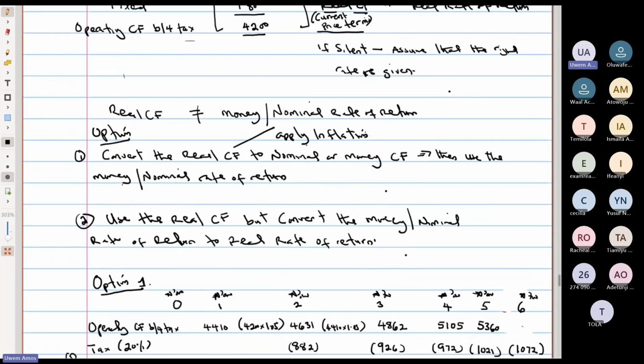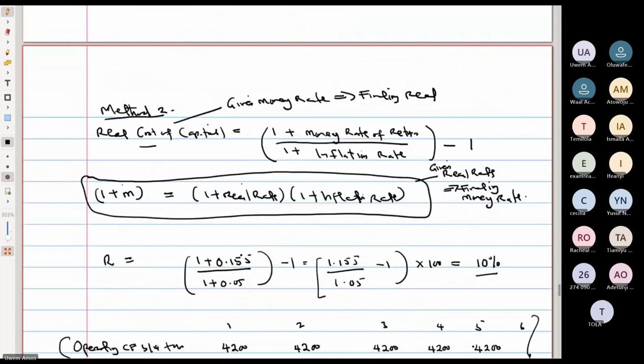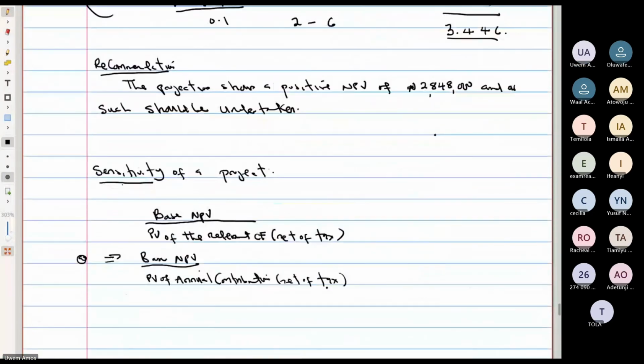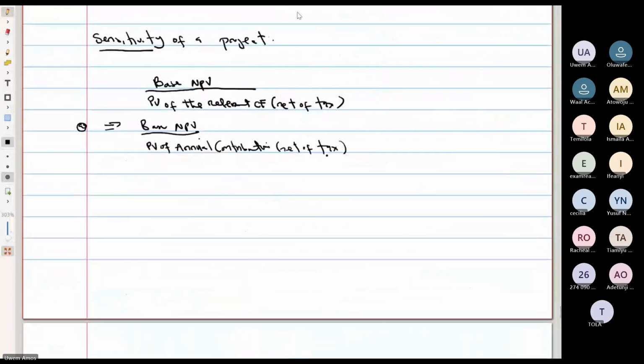So our contribution for years 1 to 5 is 6,000, and we use our annuity factor because it's for 5 years.